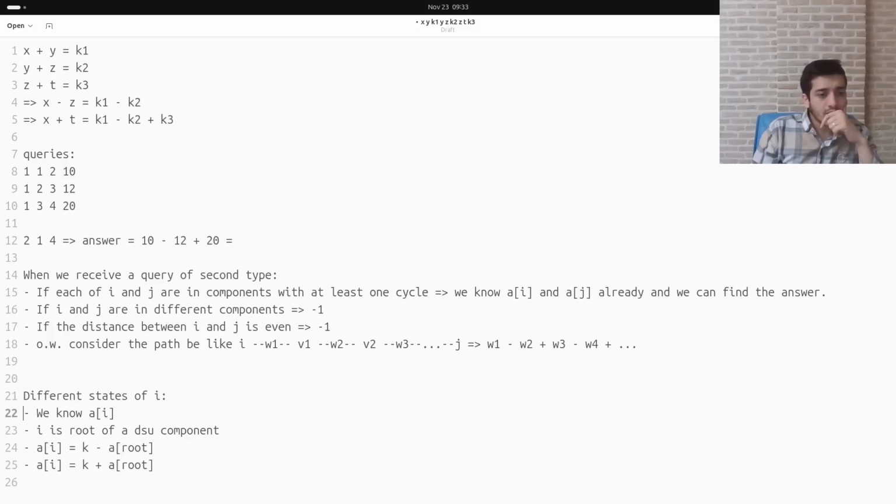So let me make these states easier to understand.